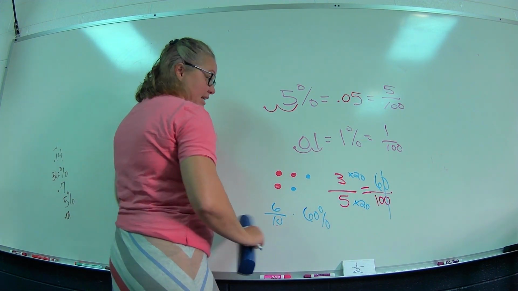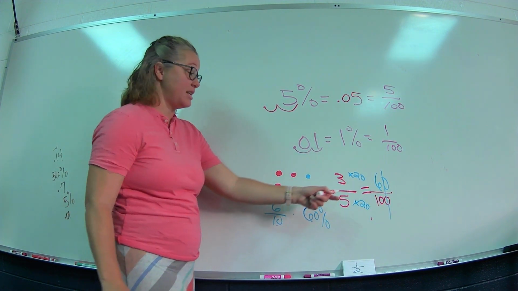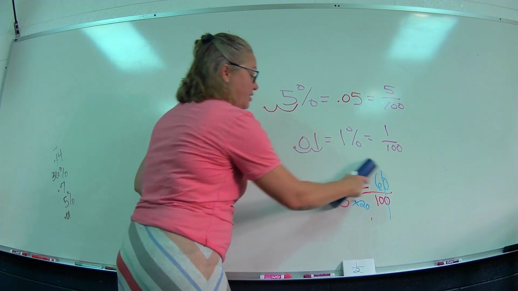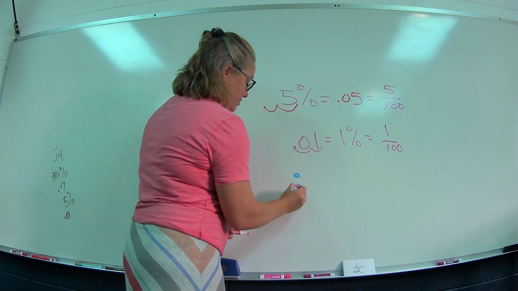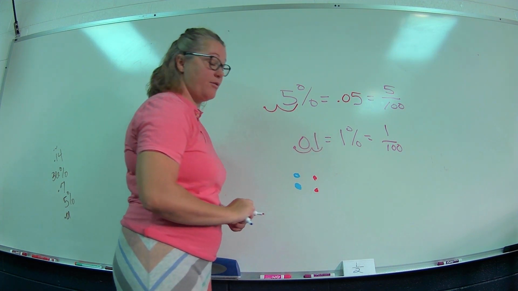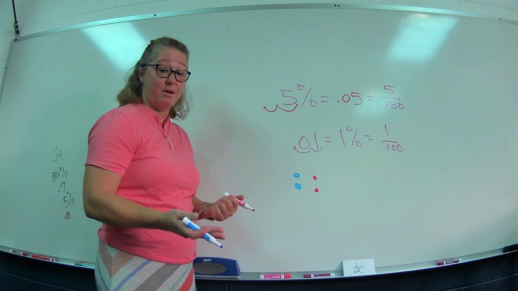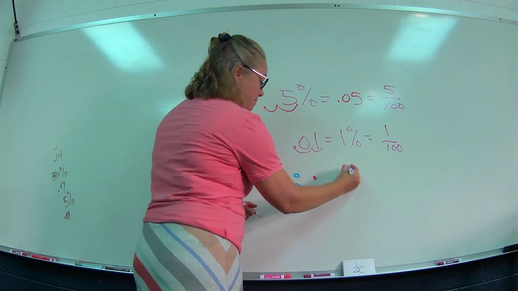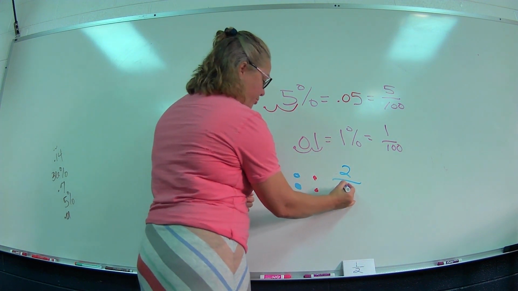All right, so I didn't necessarily have to reduce this to 6/10 since we were just looking for percent. It would be 60 out of 100. All right, what's the percent of blue dots that I have? Well, first I got to count how many blue dots I have. I have 2. How many total dots do I have? 4.